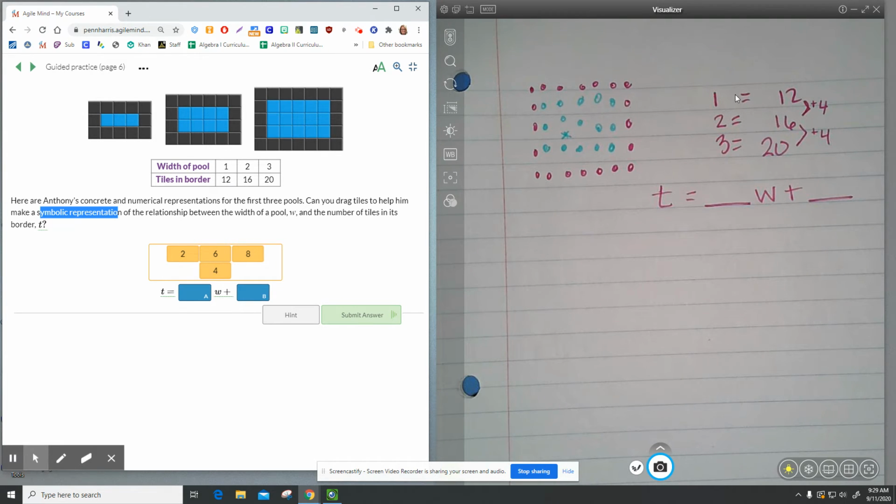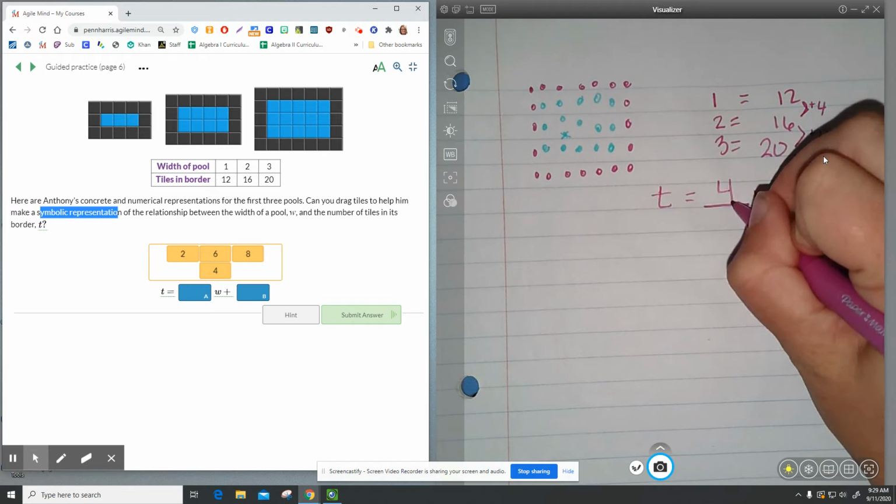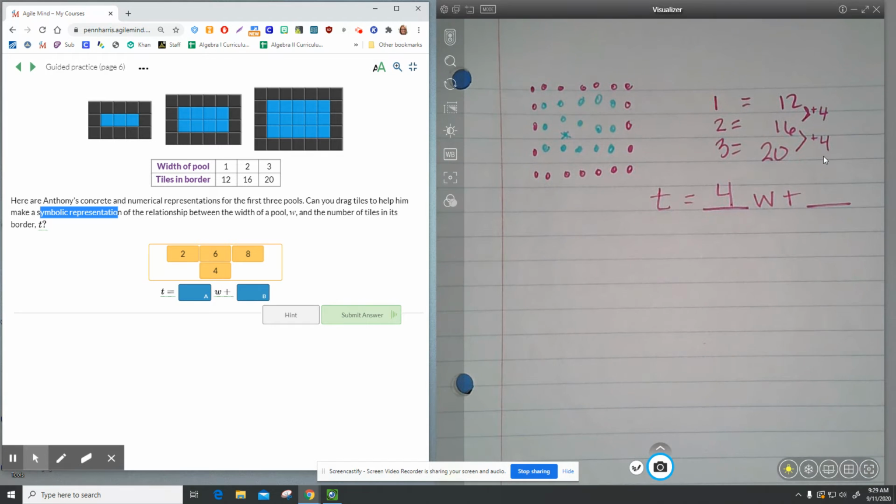My table has, for every 1 tile that there's an increase, my total tiles go up by 4. That's what we call our change, and that's what goes right here. Okay, the change of tiles, when it goes up by 1, I've got an increase of 4, so I'm going to use 4 right there.